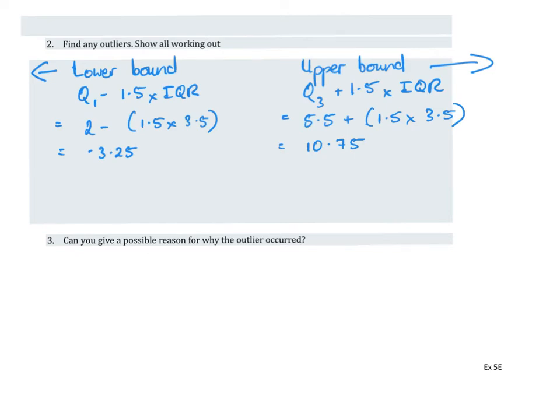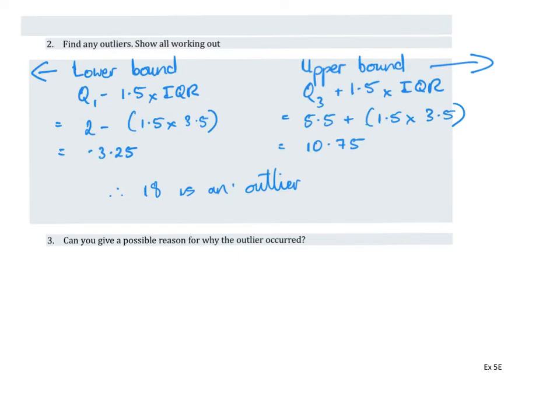Let's look back to our data. Are there any values in that data which are bigger than 10.75? And if you're looking properly, you will see that 18 is bigger than 10.75. So therefore, 18 is considered to be an outlier. So there is only one outlier, and it is on the upper bound side.